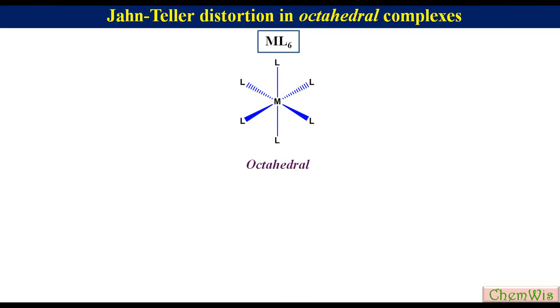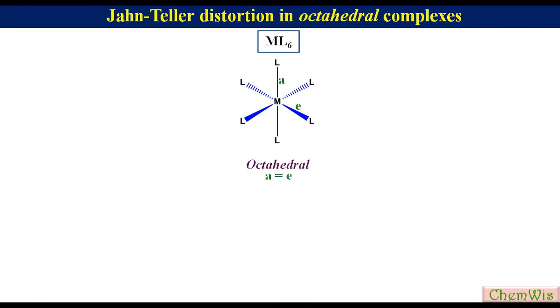Let's denote the axial bonds by a letter A and equatorial bonds by E. In a regular octahedral molecule, all the 6 bonds are of the same length, that is, A is equal to E.